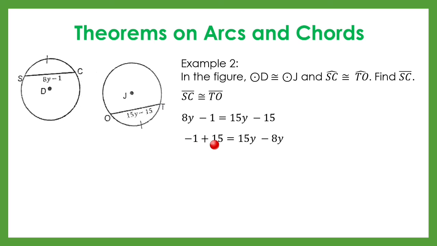Negative 1 plus 15 is equal to 14 and 15y minus 8y is 7y. Divide natin both sides by 7 para ang maiwan lang yung y. So, 14 over 7 is equal to 2. 7y over 7. So, makakancel yung 7. May iwan na lang is y. So, y is equal to 2.